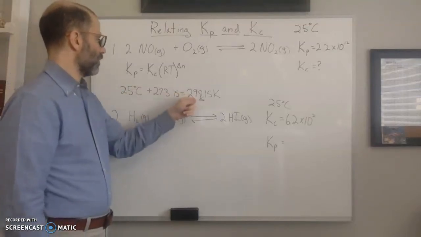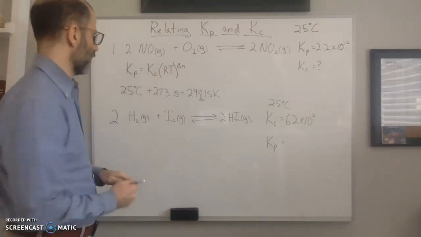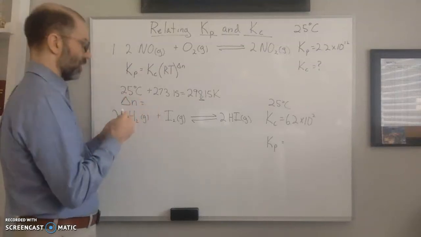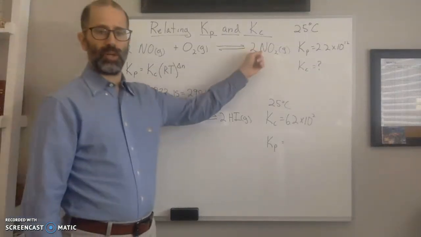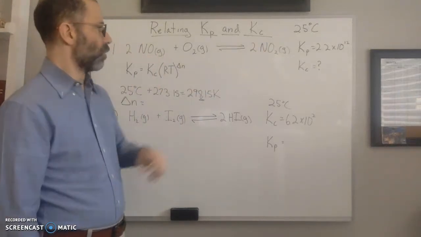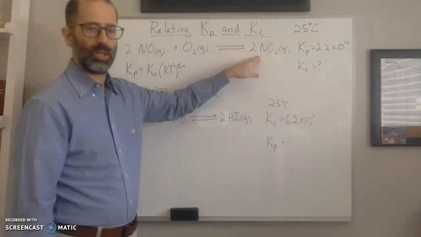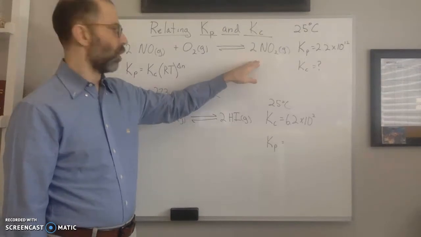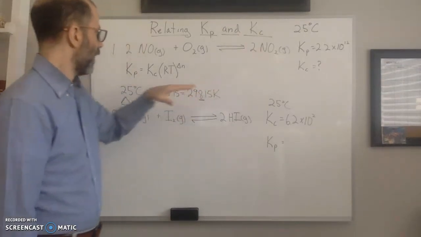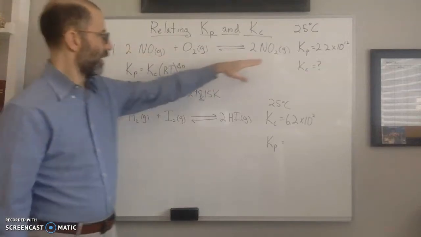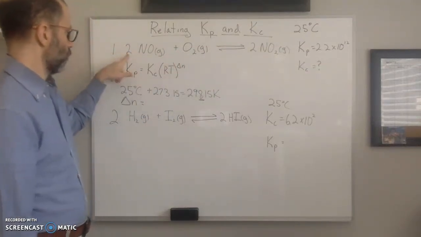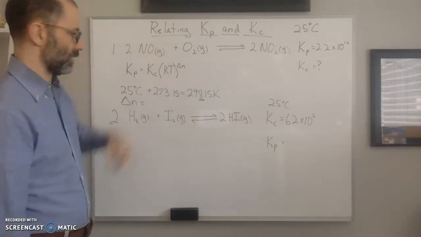All right, so we have our temperature. What about the change in number of moles? So delta n is going to be the change in moles between your products and reactants. The moles are going to be determined by the coefficients. So I have 2 moles of product formed, 2 moles of NO2, and from that I get this from 1 mole of oxygen and 2 moles of NO. So that's 3 moles total on this side here.